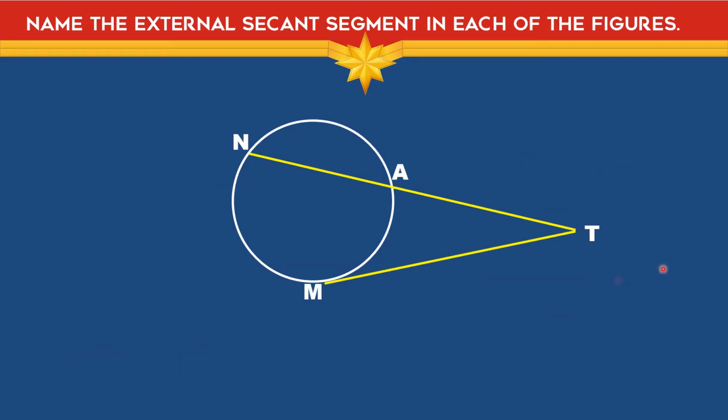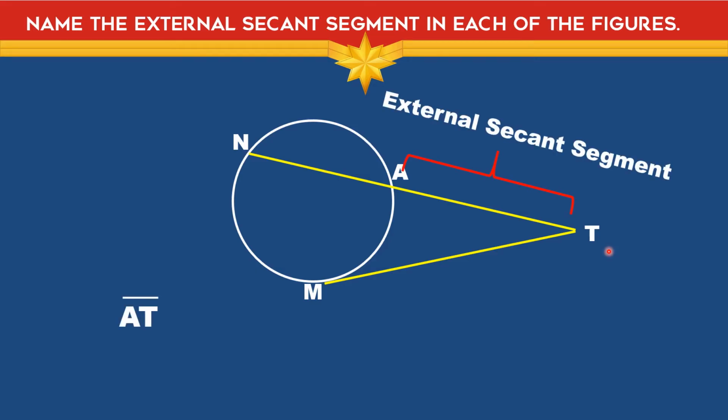Okay, how about in here? When we are referring to the secant NT, what is the external secant segment? This one, the part which is outside the circle, which is segment AT. But in here, is this a secant segment?